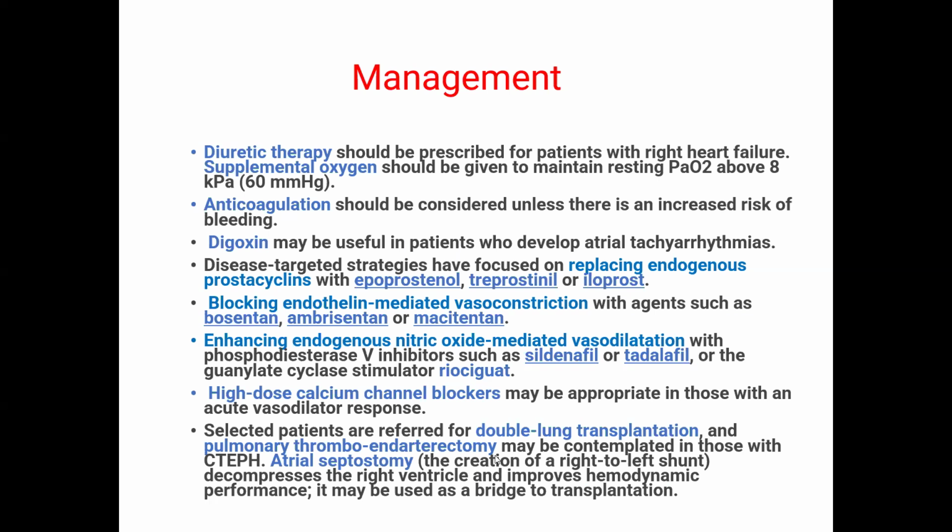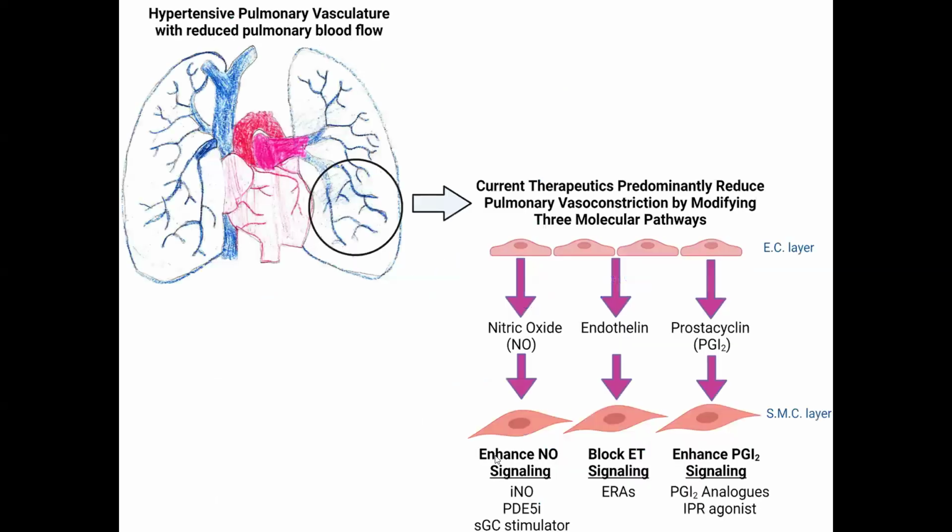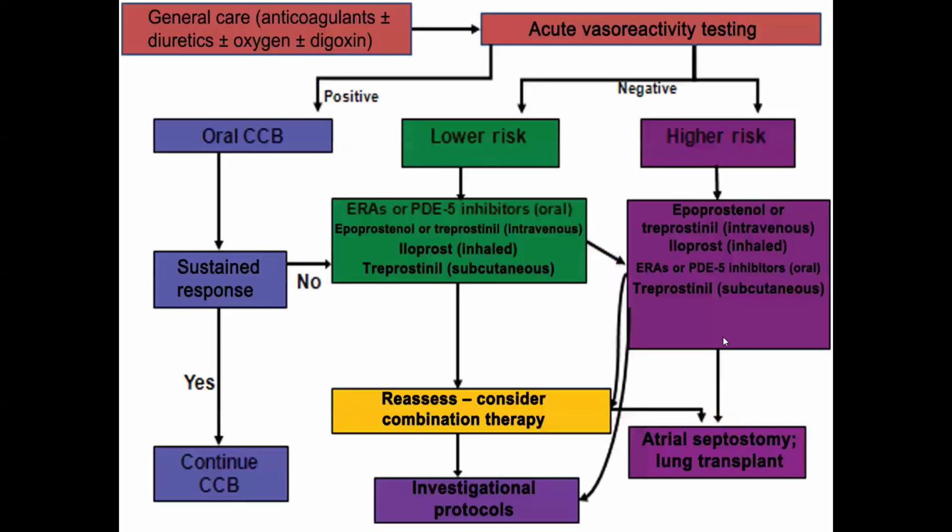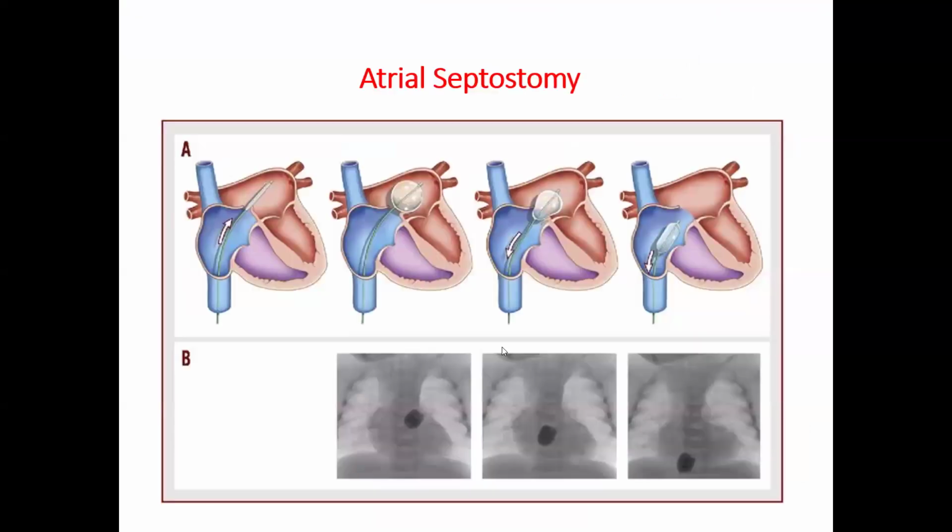Another procedure can be done for the pulmonary hypertension. Again, these are the different vasodilators we use. Either you release nitric oxide or block endothelin or stimulate the prostacyclin. And this is an algorithm for pulmonary hypertension, atrial septostomy.